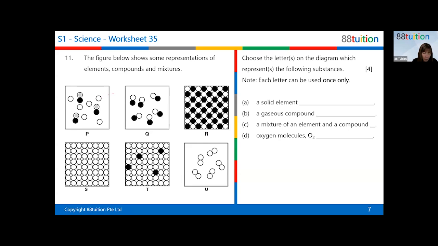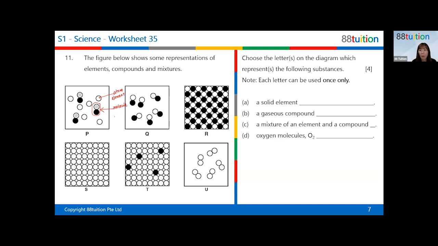Do you see that you have the white circles? There are white circles here, independent on their own. Then you also have some structures that look like this. What are these? We can call these atoms, and we can call this an element as well. If I'm looking at this one, this is a molecule. But what kind of molecule is this?